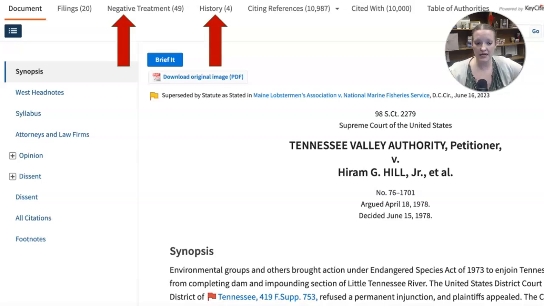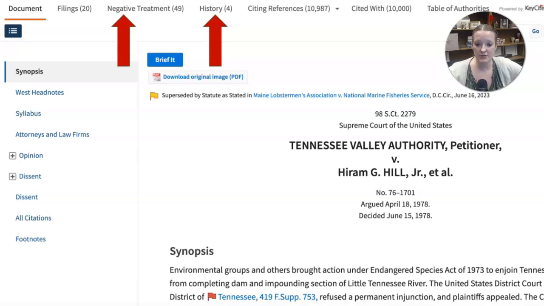So if we were to click into negative treatment, that tab will list only those citing cases that have negatively referenced the case that we're looking at. So in this instance, it would be those cases that have negatively referenced our Tennessee Valley Authority versus Hill, right?